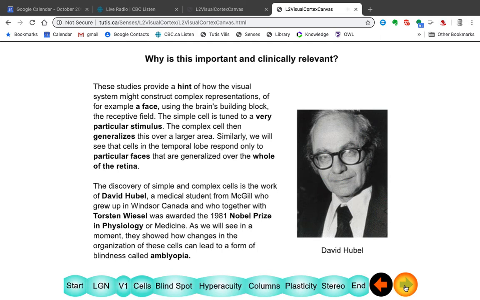Now, why is this important? Okay, and clinically relevant. A lot of you want to be heading for medical types of professions, and does this have any relevance to a medical type of profession? Well, it is in the sense that it tells you how the brain works.